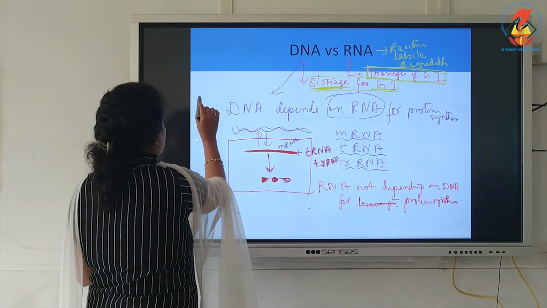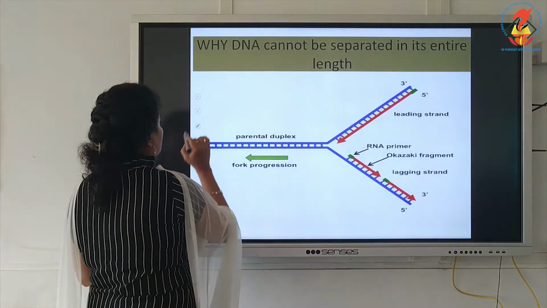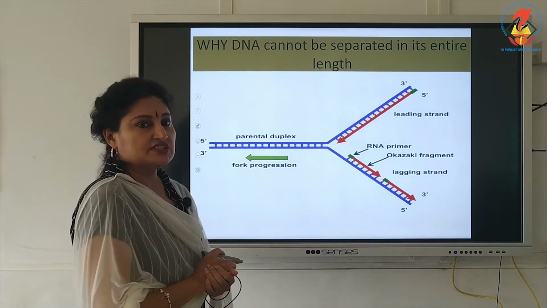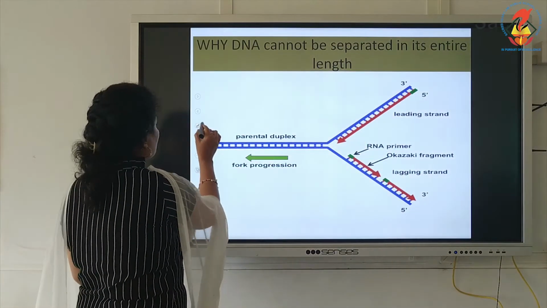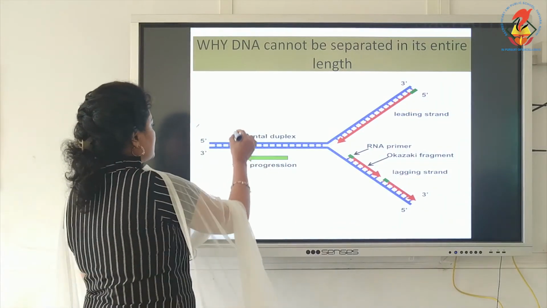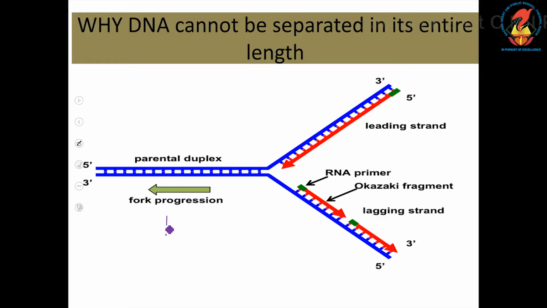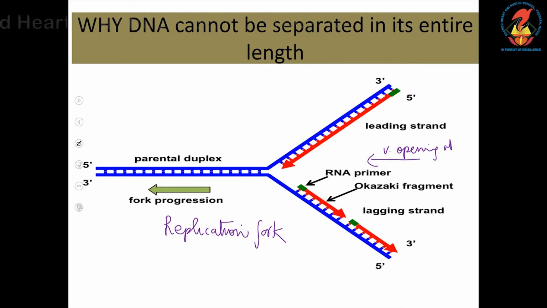Now we will move on to the second why. The second why question, or reasoning question, is with respect to DNA replication. You are familiar with this. This is a replication fork. We started off replication by saying that it is a very small opening at one end, which is brought about by the enzyme helicase.